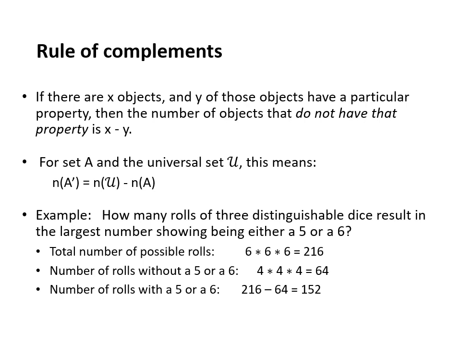And then if we use the rule of complements, the number of rolls that have 5 or 6 is the total number minus the number of rolls that don't have 5 or 6, and so that's 152. So this is an indirect way to compute the number of rolls with a 5 or a 6.